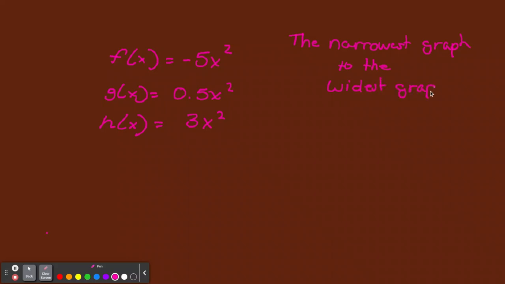So if you graph these on a calculator, or if you just graph them on paper, one will have a narrower graph than the others, and one will have a wider graph, and one will be right in the middle. It's important to know this right over here.